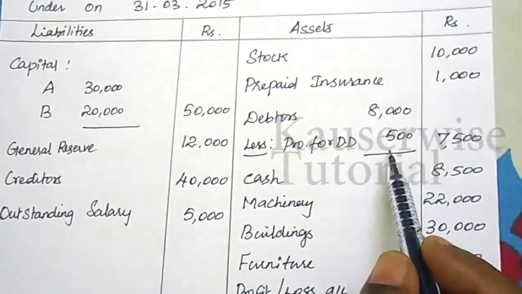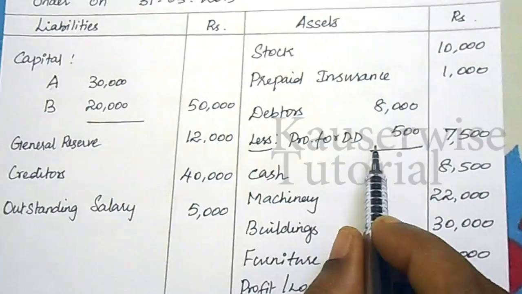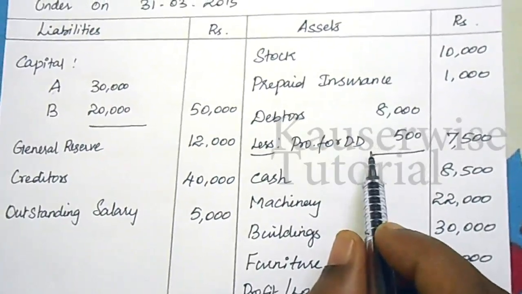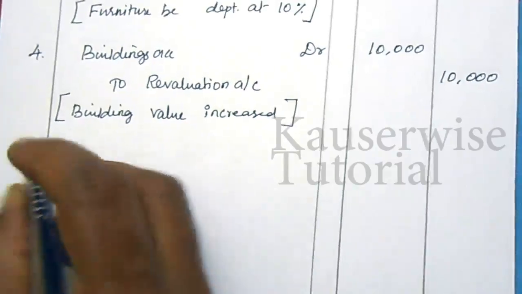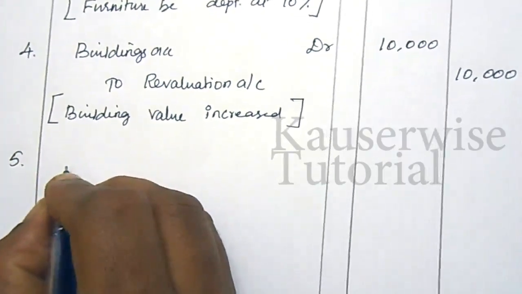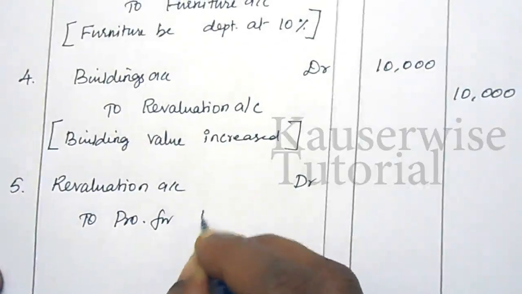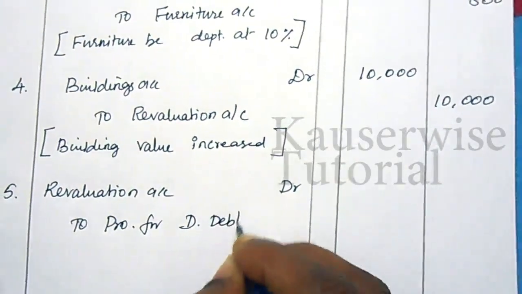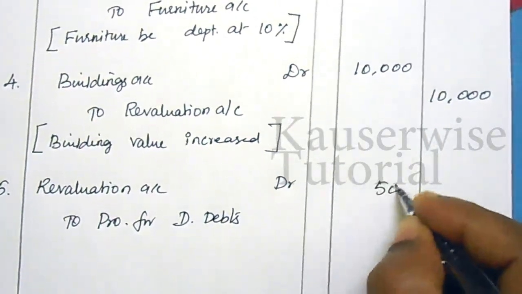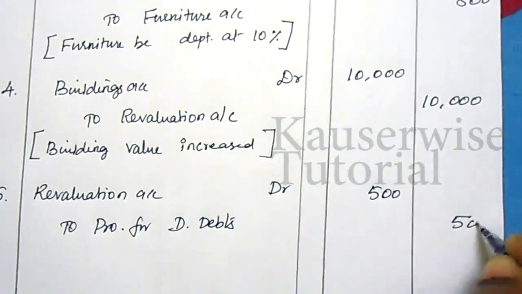So what is the entry for the transaction? Revaluation account debit to provision for doubtful debts. How much? 500, that is the difference value.